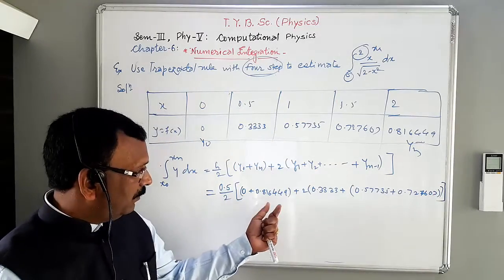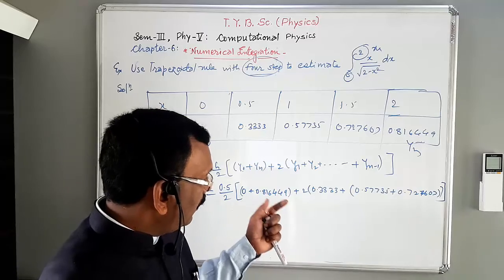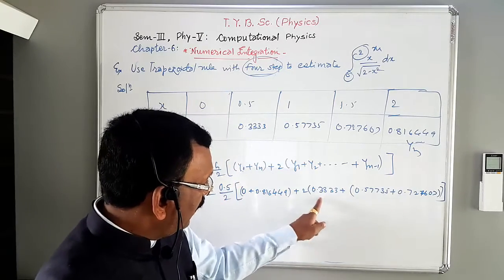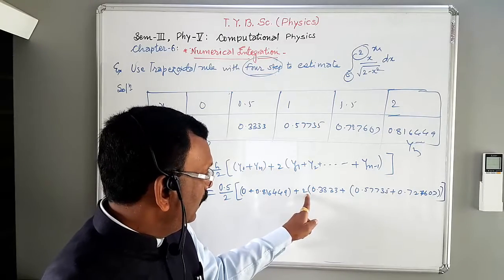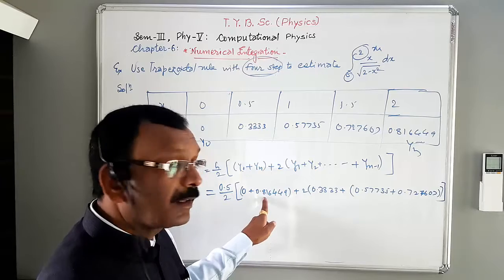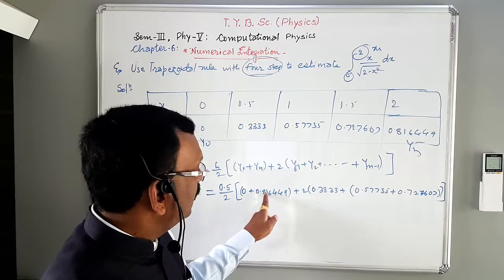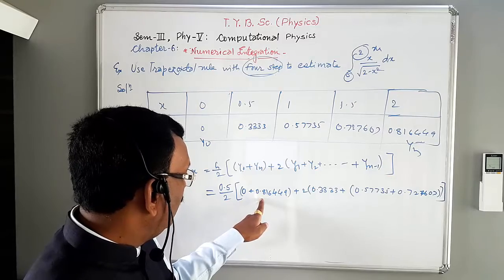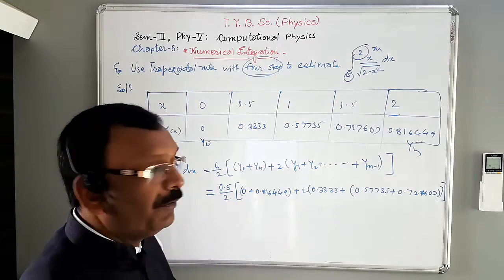Okay, solve this. When you solve this, what do we have to do? We have to add these terms, then multiply by 2, and the resultant value is added with this value, and then the final resultant value we have to multiply by 0.5 and divide by 2.